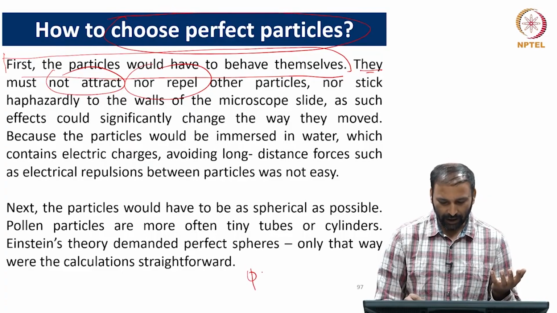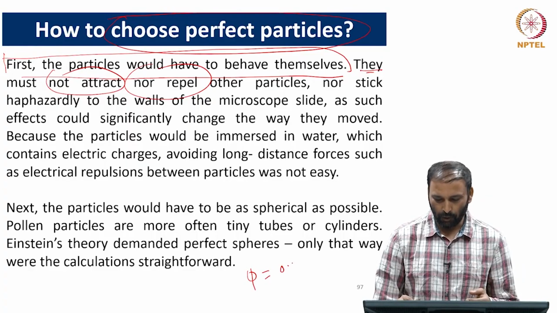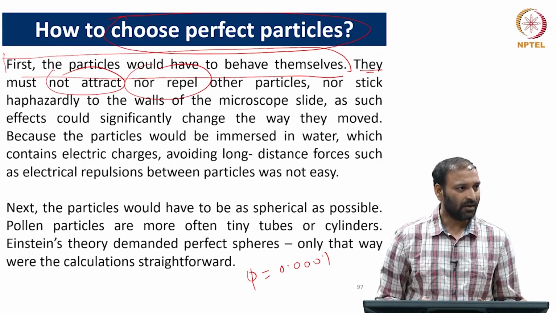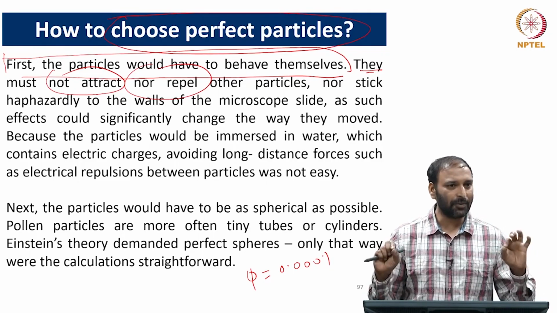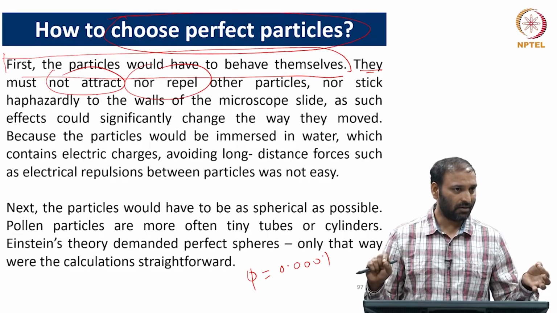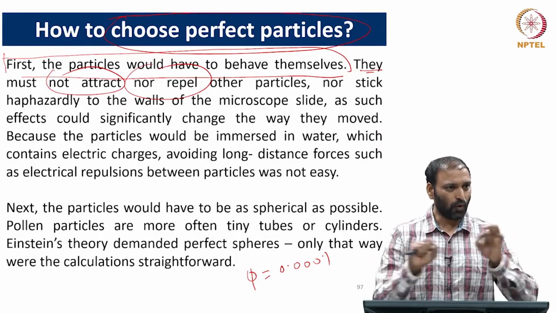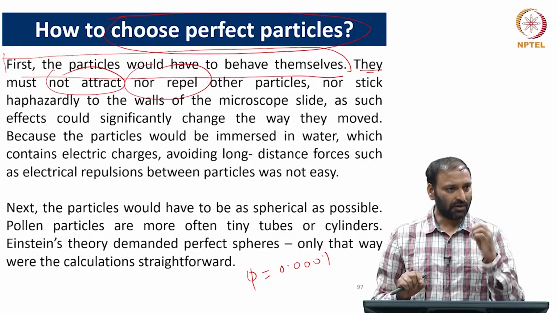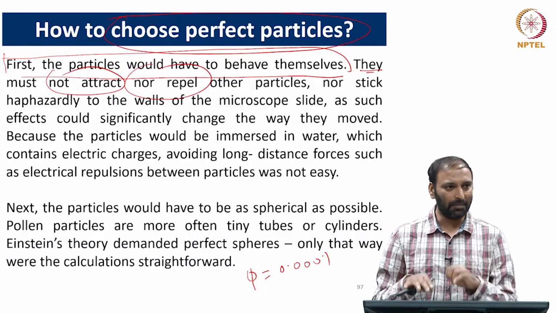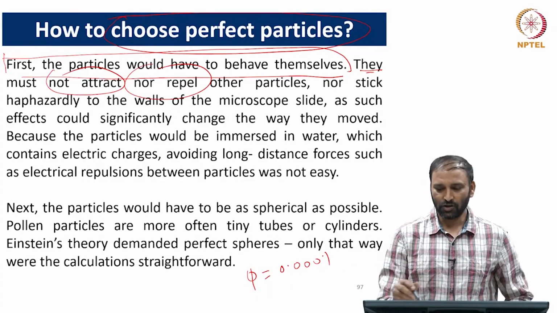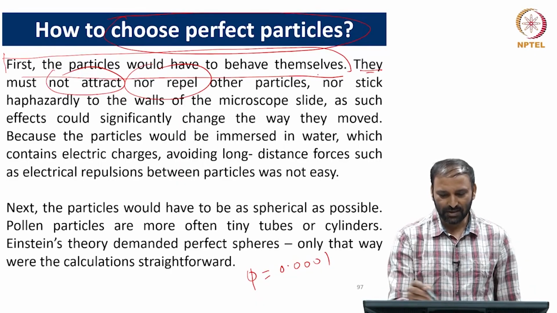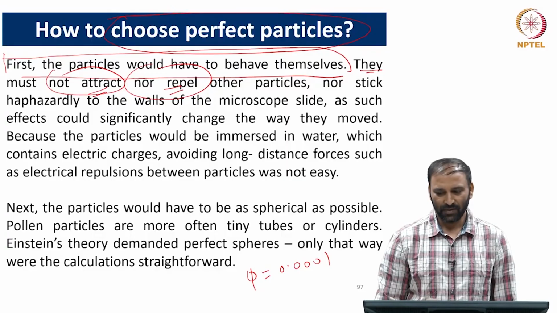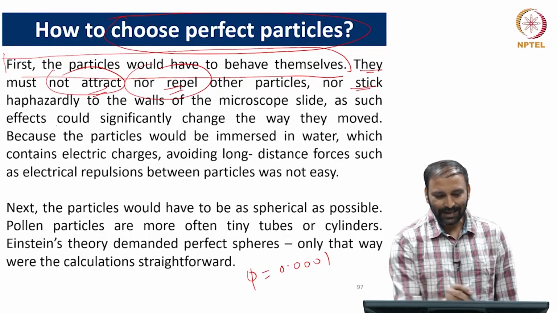Typically, your phi could be as low as 0.0001 or something like that. The reason is the particles have to be sufficiently far apart, so there is no interaction between the particles. That means the motion of a particle is not influenced by the other particles in the system.